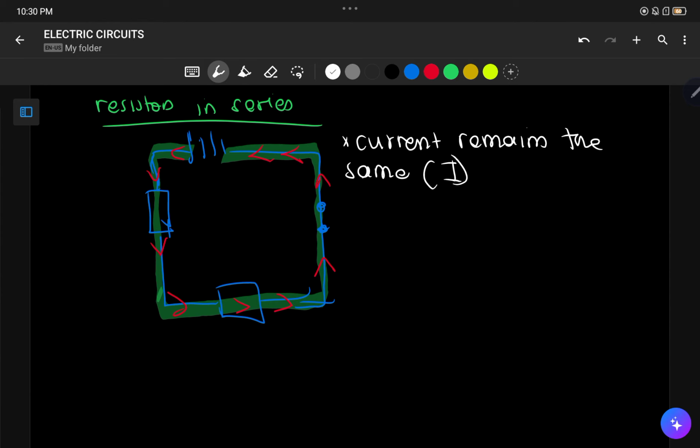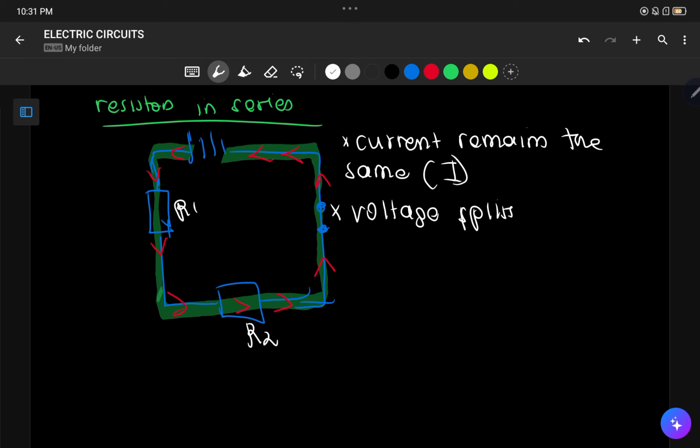Okay. And what you need to know, which is very crucial when it comes to resistors in series, is that the voltage, also known as the potential difference, is the one that splits, or gets divided. So the voltage of R1 will be different from the voltage of R2.